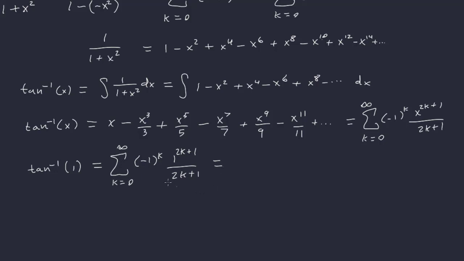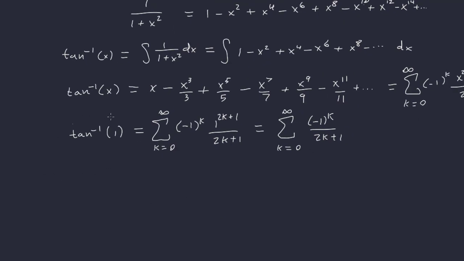So what this ends up being is literally just the series k equals 0 to infinity of negative 1 to the k over 2k plus 1. Okay? Now, tan inverse of 1, well, the angle that makes tan inverse 1 is pi over 4.